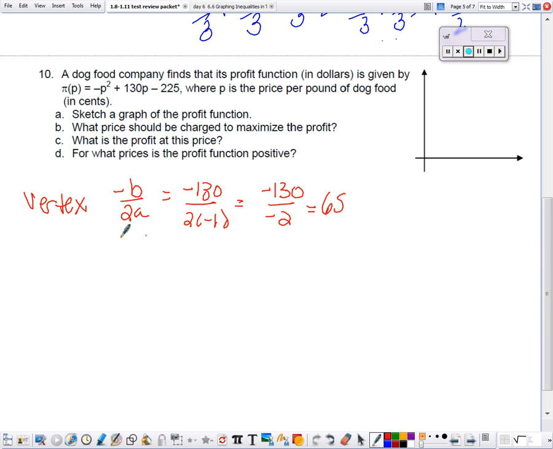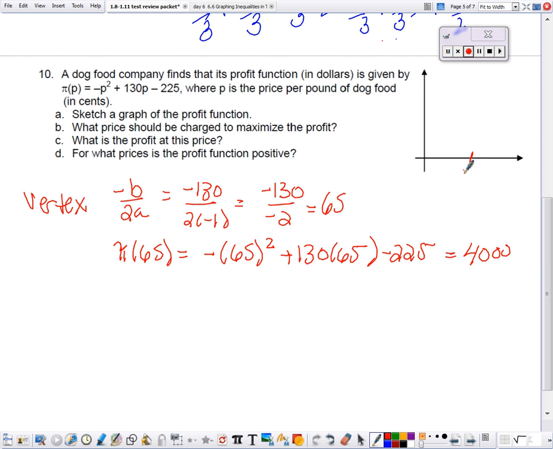But then I need to know how high, so if I plug that value back in, we would get 4,000. So right here, 65, a max of 4,000, is where my vertex is.